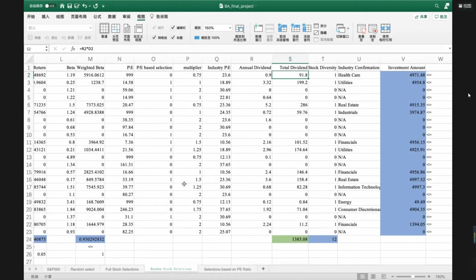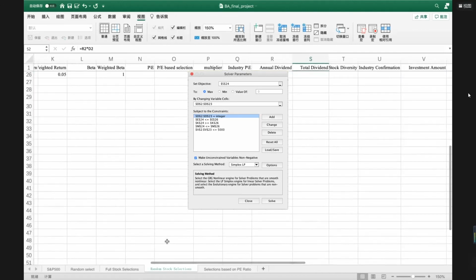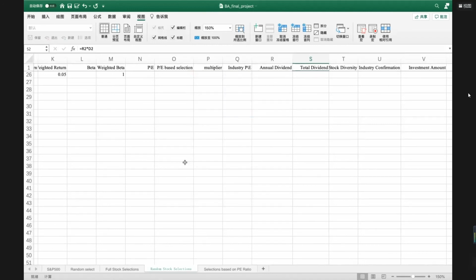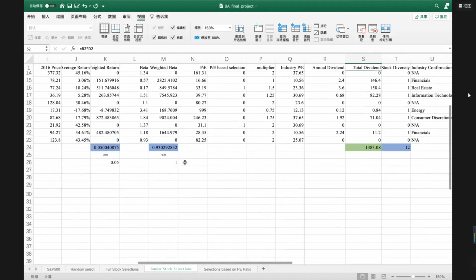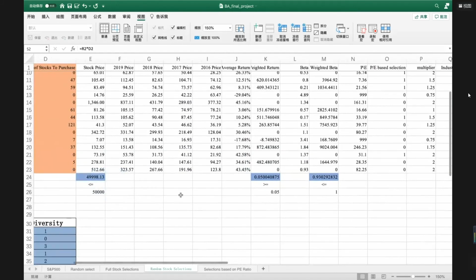So now we can open Solver in Excel under the Data tab. First, we set the objective to be maximizing total dividend by changing the decision variables, which is the number of shares to purchase, with the following constraints. The first constraint is the number of shares to purchase has integer values. The second constraint is the total investment value is less than or equal to the available fund, which is $50,000.